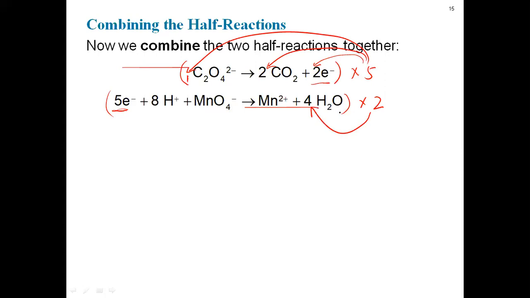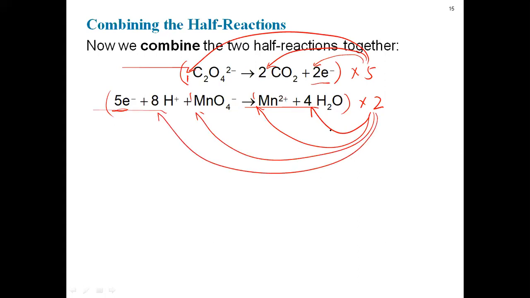Take this 2 times 4, this 2 times 1, this 2 times 1, this 2 times 8, and this 2 times 5. That is what we mean by multiplying the equation by a number. When you multiply an equation by a number, you multiply all the coefficients by that number.